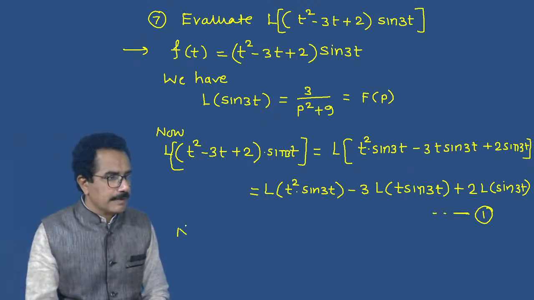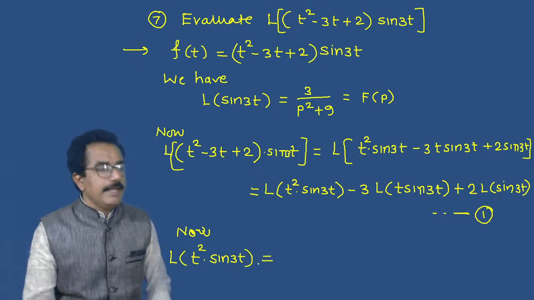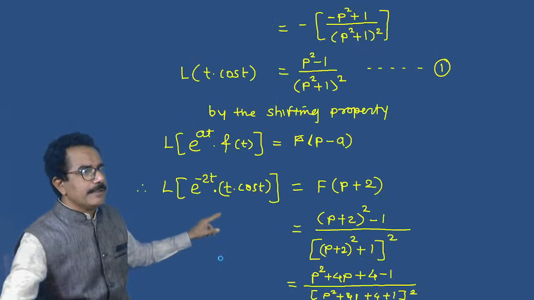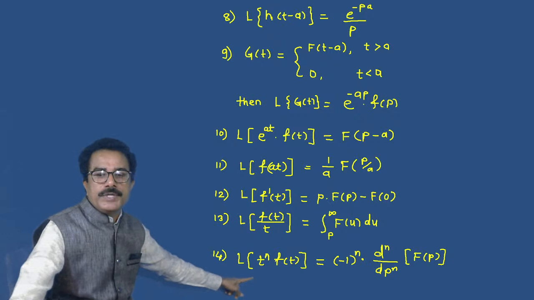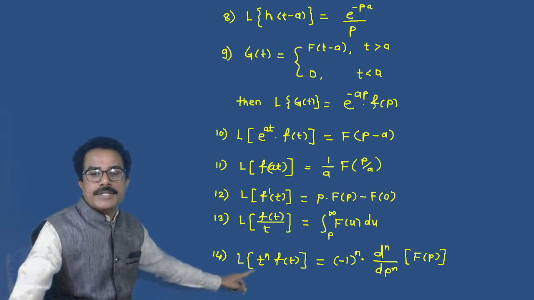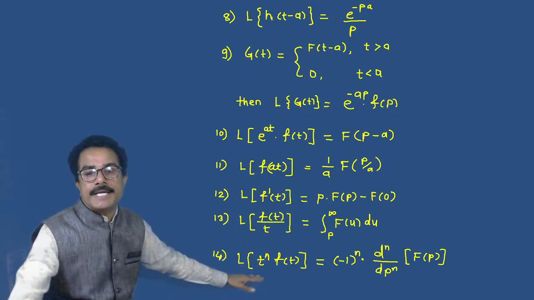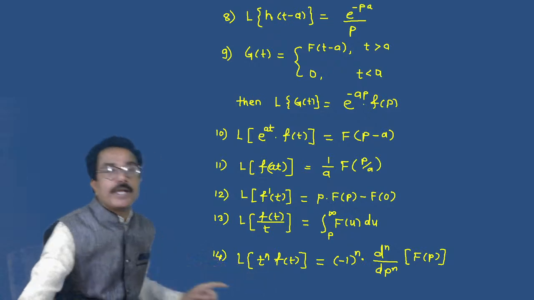Now, see this. The Laplace transformation of t square sine 3t means we have to use a Laplace transformation standard property. What is that standard property? The Laplace transformation of t raised to n, f of t, is equal to minus 1 raised to n, d n by dp raised to n, into the Laplace transformation, where capital F is the Laplace transformation of small f of t.